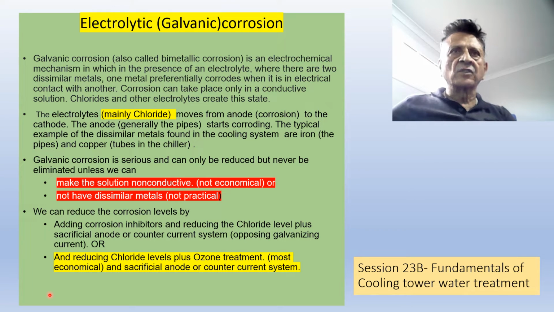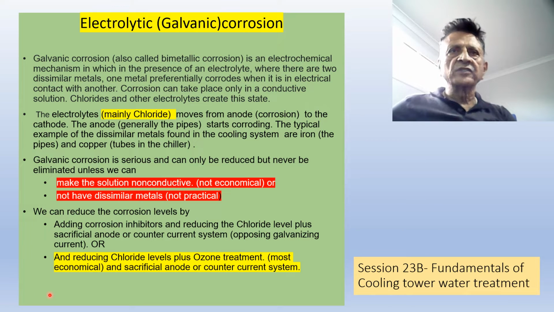Galvanic corrosion is so serious it can only be reduced but never eliminated, unless of course we can make the solution totally non-conductive, which is not economical, or have no dissimilar metals, which means copper has to be eliminated, which also is virtually not practical in a cooling system.